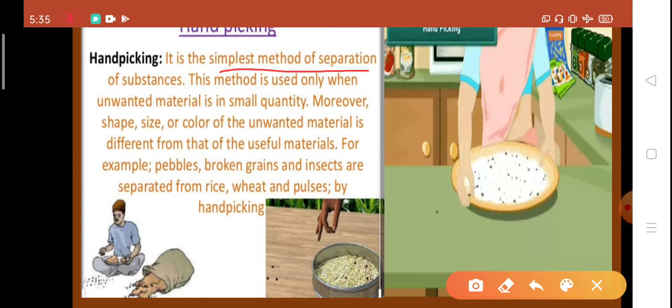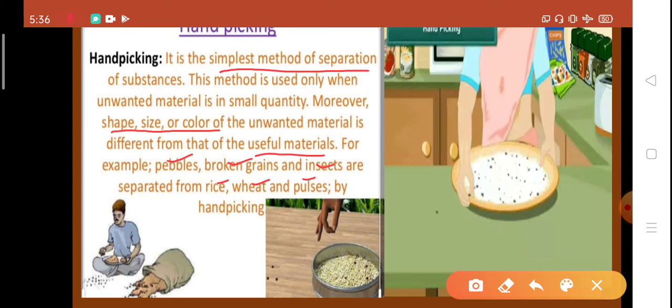Moreover, the shape, size, or color of the unwanted material is different from that of the useful materials. For example, pebbles, broken grains, and insects are separated from rice, wheat, and pulses by this hand picking method.